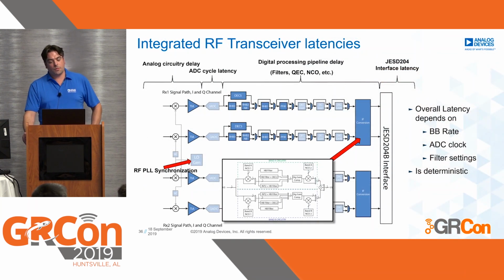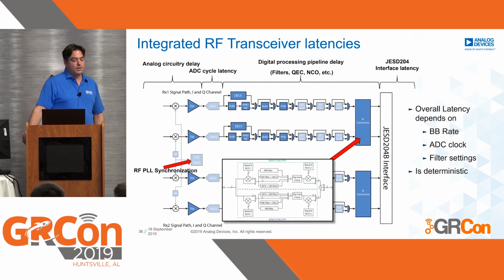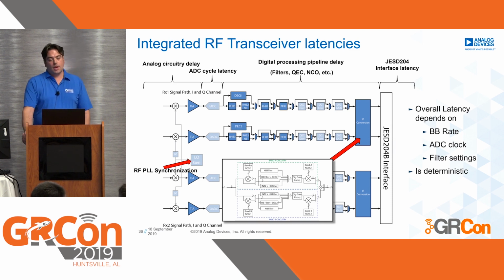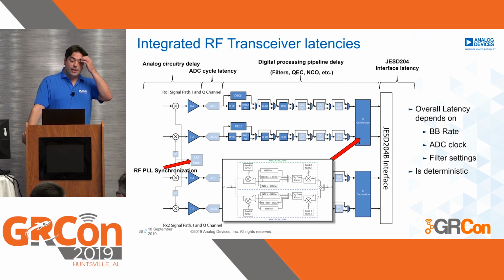So where are those latencies in a modern transceiver? Of course there's analog circuitry delay, there's ADC cycle delay, and there's digital processing pipeline delay in all the digital filters, in the numerically controlled oscillators, in the quadrature error correction.